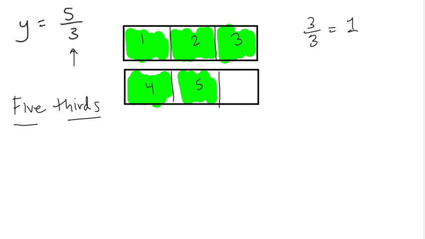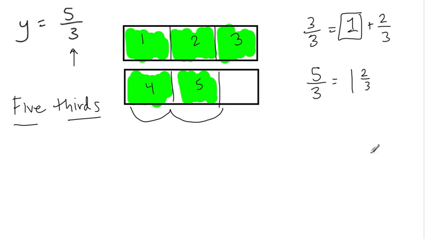So what do I really have? Well, we said I already had a whole. So I have a whole and 2 thirds. So 5 thirds is really 1 and 2 thirds. And 2 thirds is not all the way up to the next one, but it's past halfway.